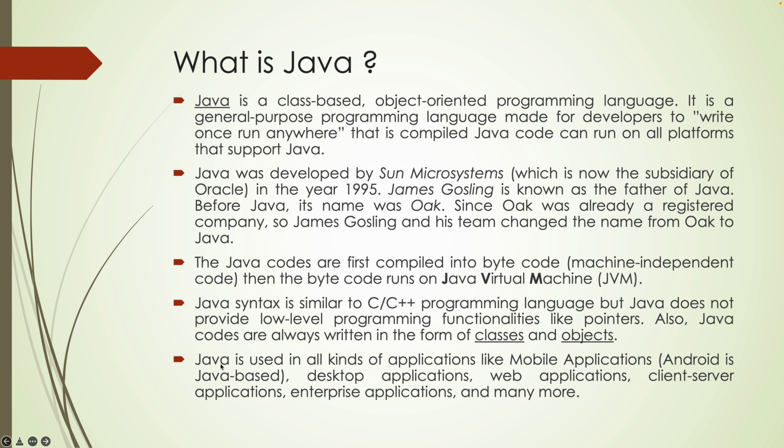And another point is Java is used in all kinds of applications like mobile applications, desktop applications, web applications, client server applications, and enterprise applications. So this is the what is Java concept.